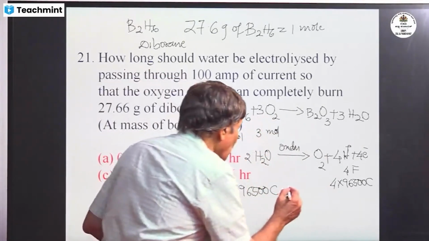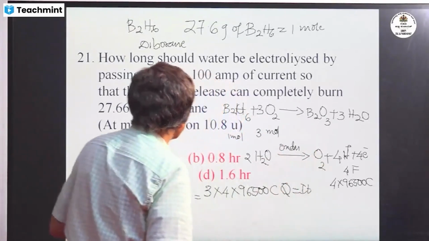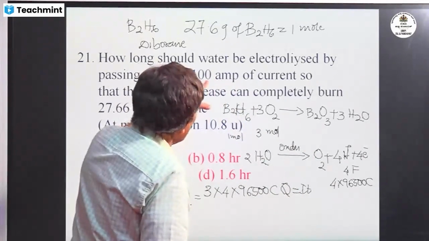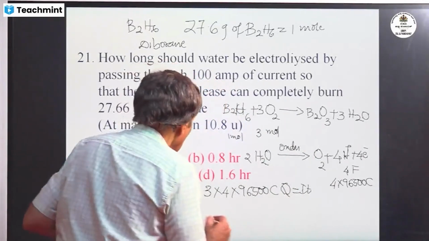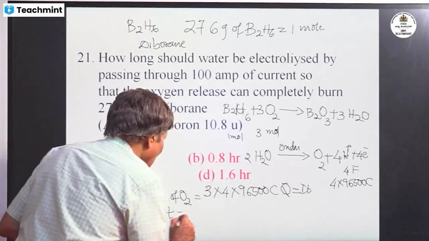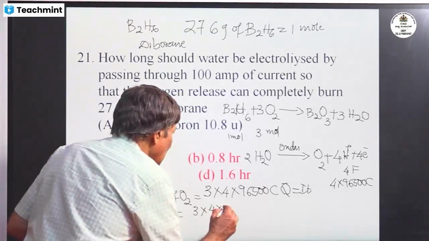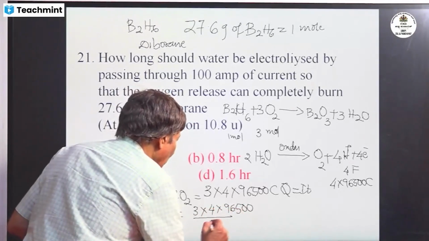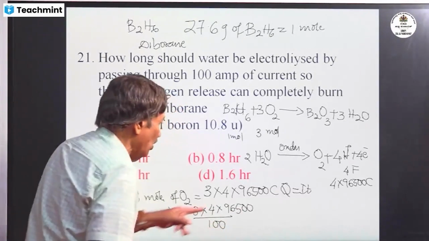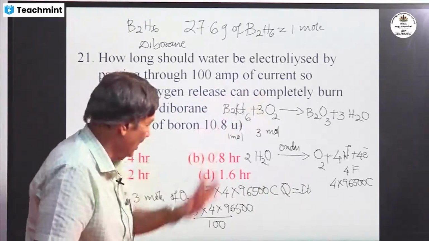This is equal to Q, which is equal to IT. 100 amperes of current. So time is equal to 3 into 4 into 96,500 divided by 100. T is equal to Q by I. I is 100 amperes.